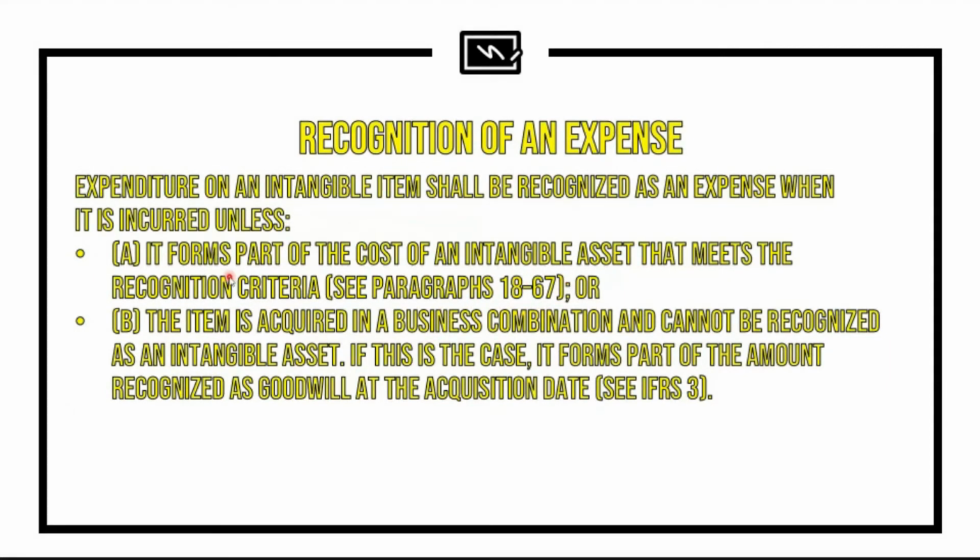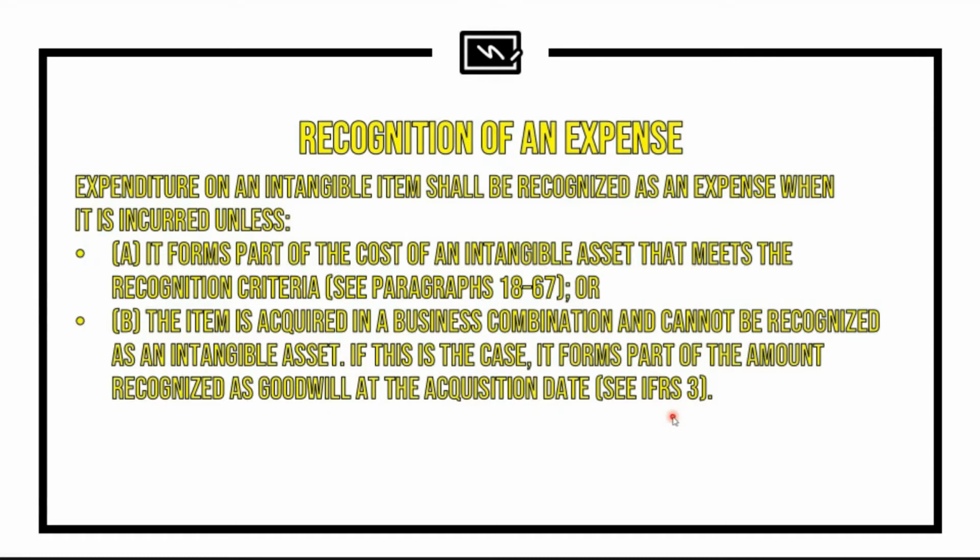So basically, it is expense unless it is capitalizable, as provided in paragraphs 18 to 67 of the standard. Or the item is acquired in a business combination and cannot be recognized as an intangible asset. If this is the case, it forms part of the amount recognized as goodwill at the acquisition date. You can refer to IFRS 3.